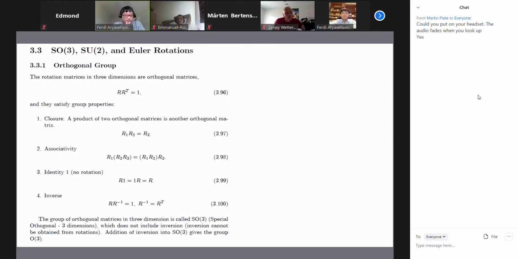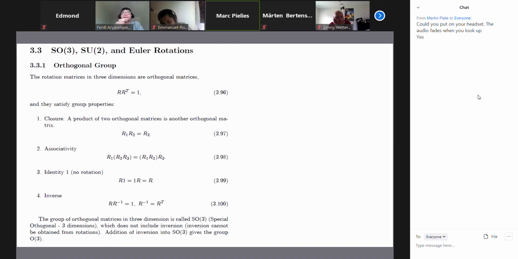So now I would like to talk about the Euler rotations. Euler's theorem tells us that if I make rotations of a rigid body, a rigid object, around an arbitrary axis by some angle, then it is possible to decompose this rotation into 3 successive rotations about some fixed axis.